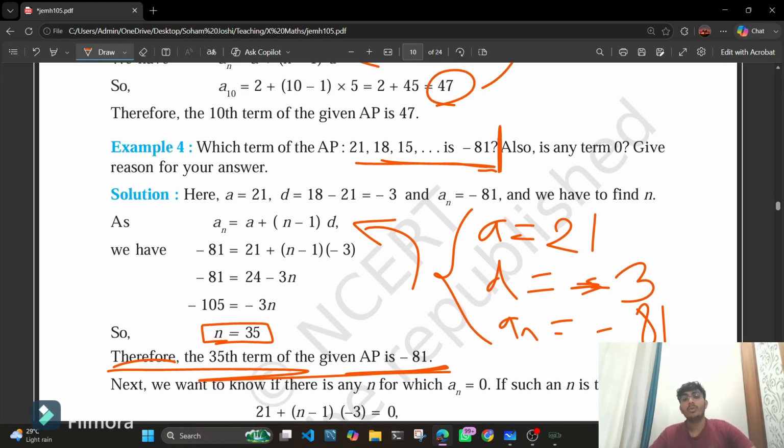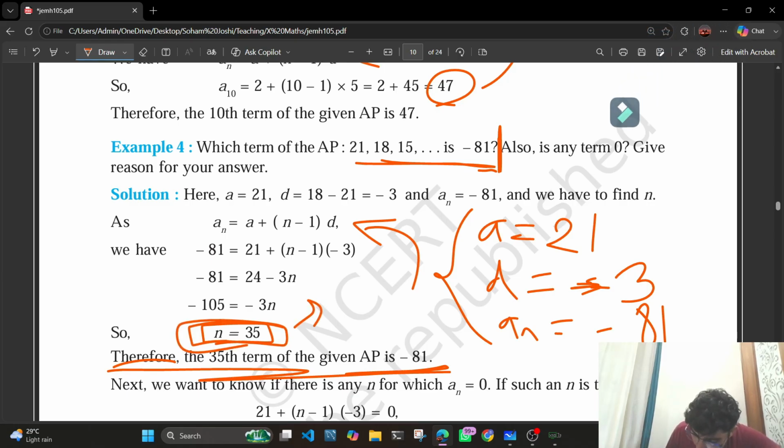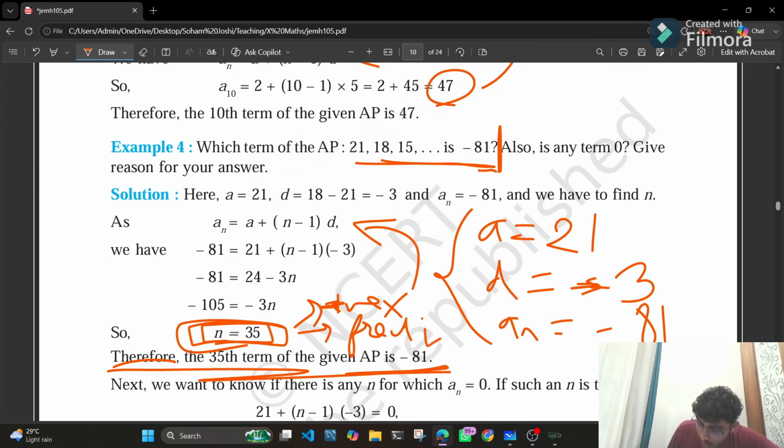Now we want to know whether any term is 0. Before doing that, we need to understand one thing: the nth term number n cannot be negative, and it also cannot be a decimal or a fraction.